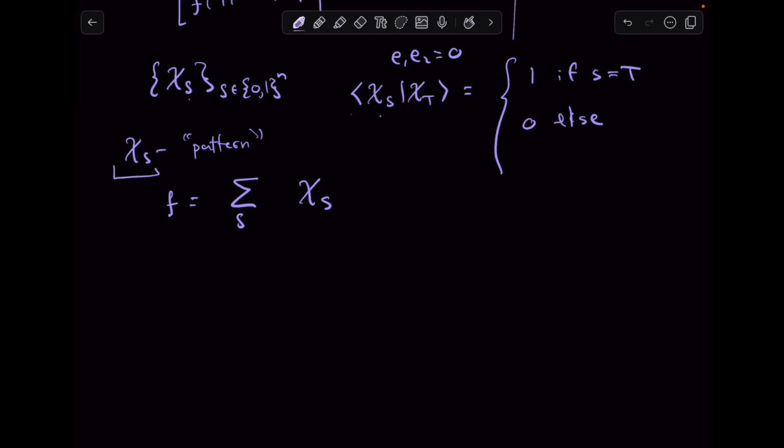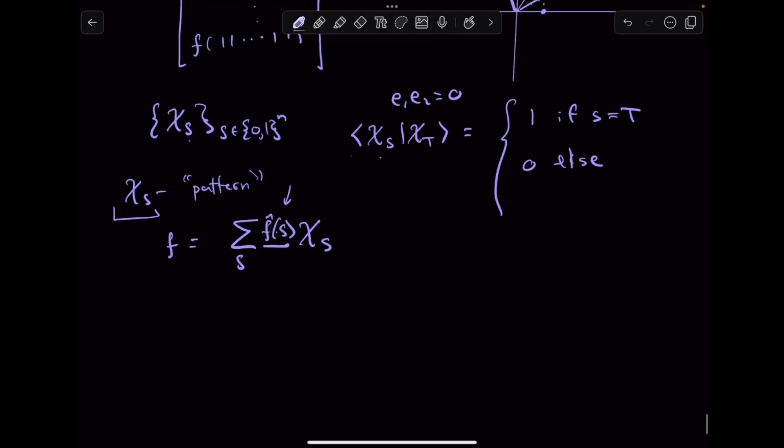And what we do is then we examine the coefficients, whatever term goes here, which we'll denote f hat of s. And if one of these coefficients is very high, then we can conclude that f was very similar to this particular chi of s pattern. And that's the whole idea behind this Fourier transform: if these are interesting enough, you can learn something very nice about your initial Boolean function.